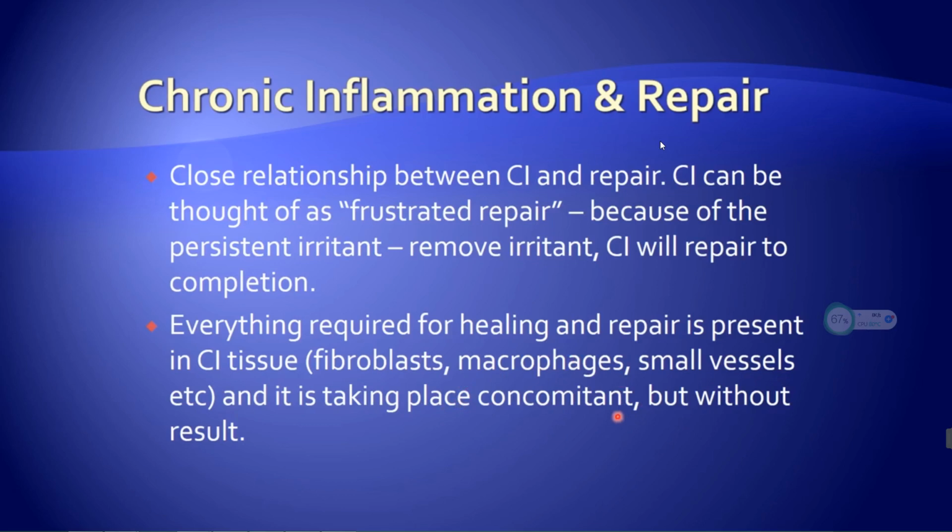But unfortunately, it does so without result, because you have that persistent etiological agent. Get rid of that agent, it will go to completion. But if that agent's still there, then we get this frustrated repair situation where we're going to have some repair done, tissue damage, some repair done, tissue damage. And you get this vicious cycle that's happening.